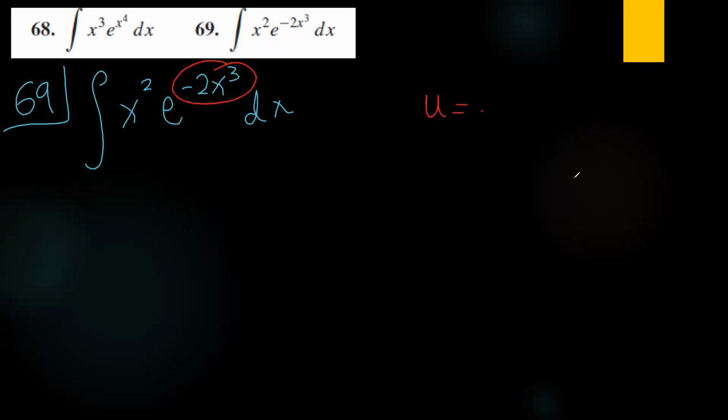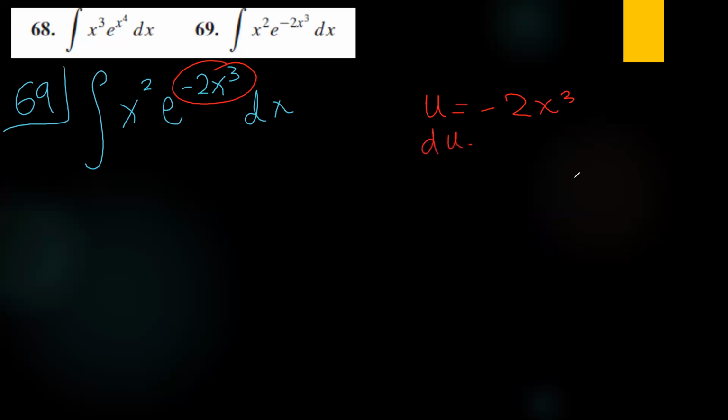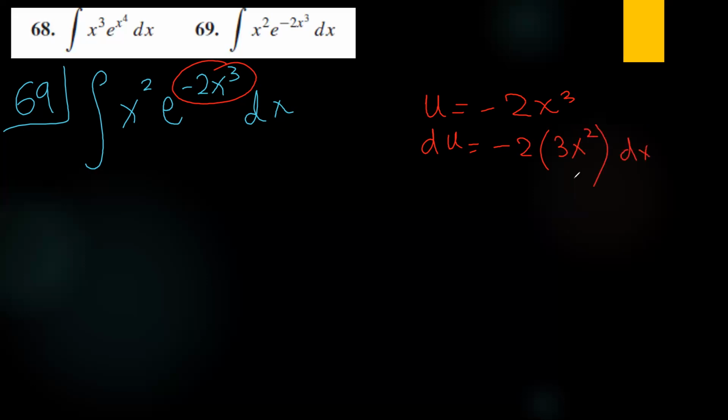So if u is -2x cubic, what did I need to find now? du over dx. Bravo. So you have to find du. Now du will be -2 times 3x squared dx. I need dx only. So let's divide by -6x squared, in order to find dx as du over -6x squared.